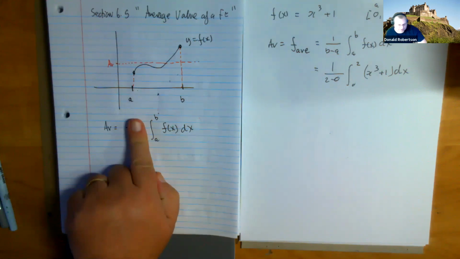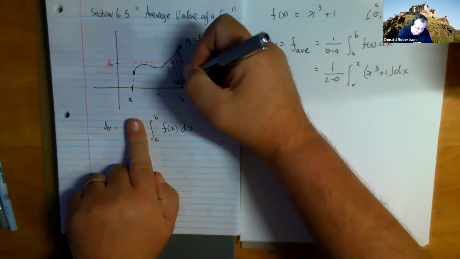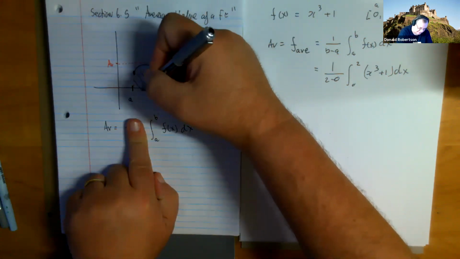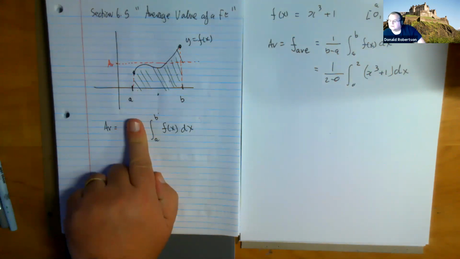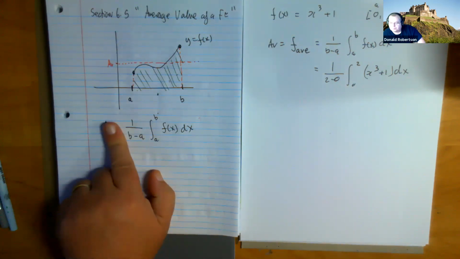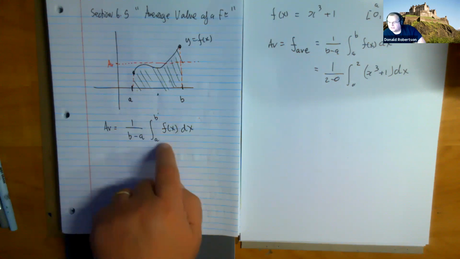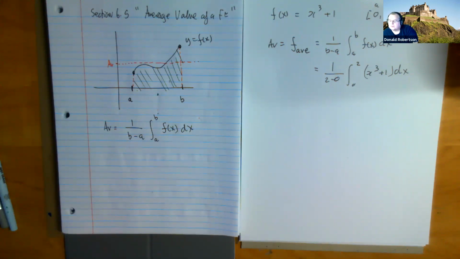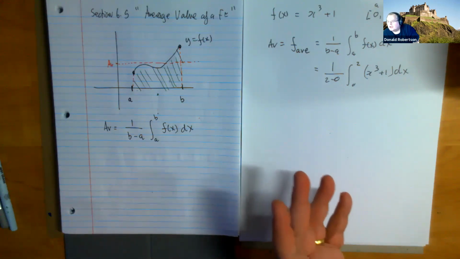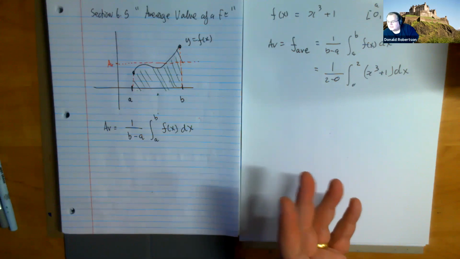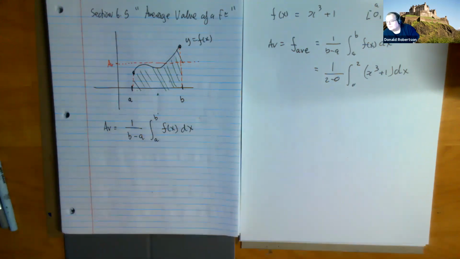I mean, if I took that out, haven't I just found the entire area under the curve? So what do you think dividing by b minus a is all about? It's a bit like dividing by how many things there are. Like when you do an average, it adds up to 40, but you divide by 10 because there's 10 numbers. It's kind of connected to that.